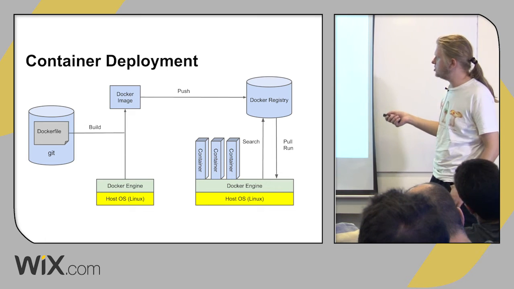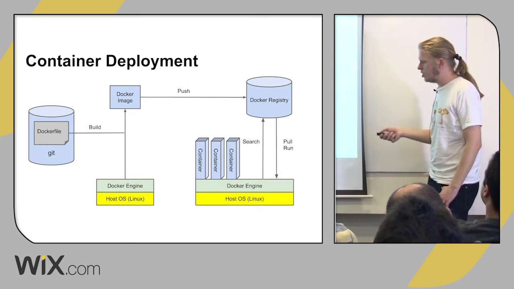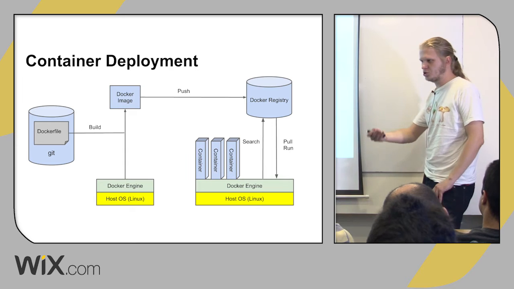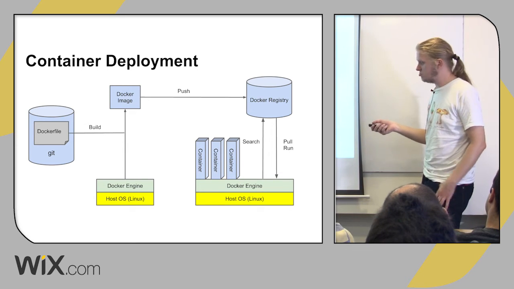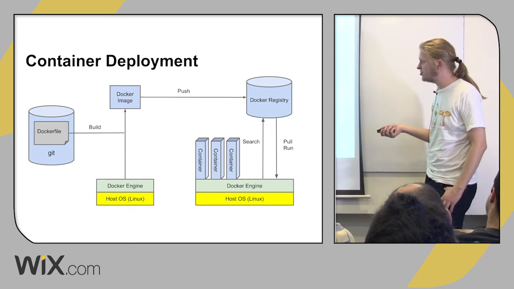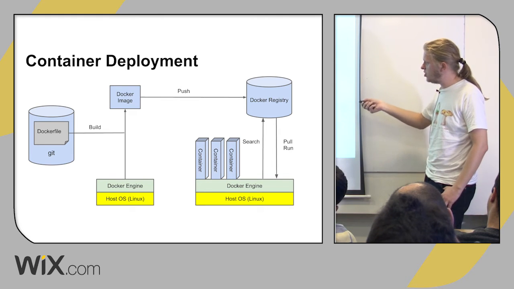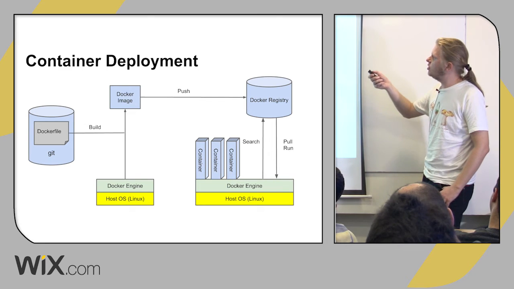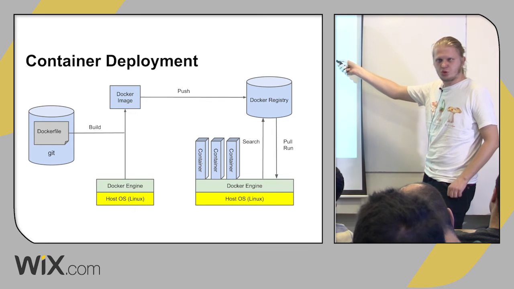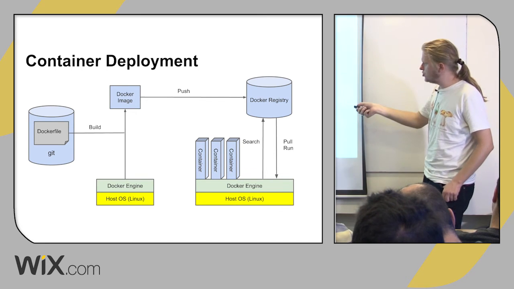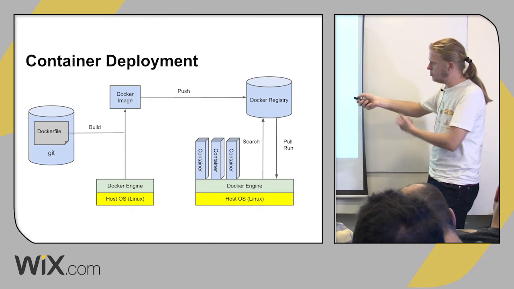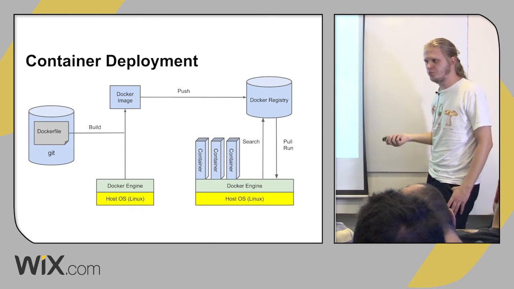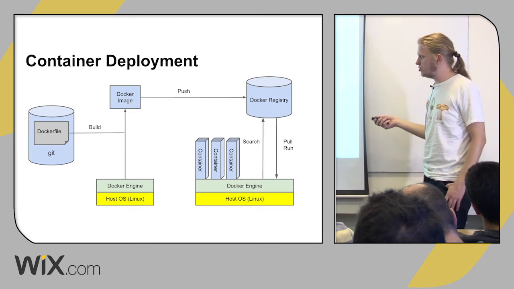Then this is already the deployment part. You have a host which runs your application, for example one of the app servers, which has the Docker engine. You say docker run and point to an image in the registry. It pulls the image, runs the image, and you get a running container on your machine.